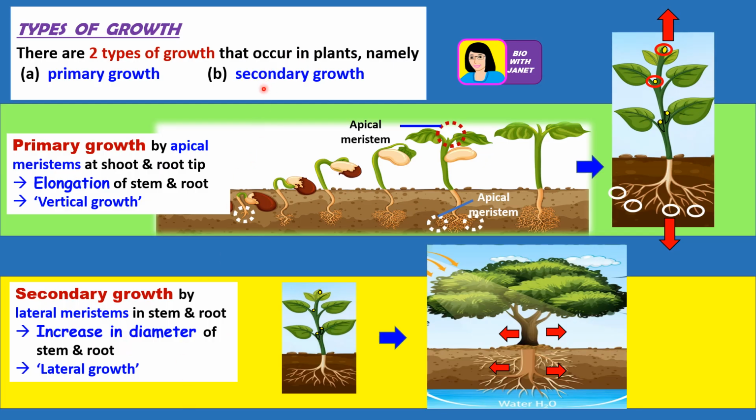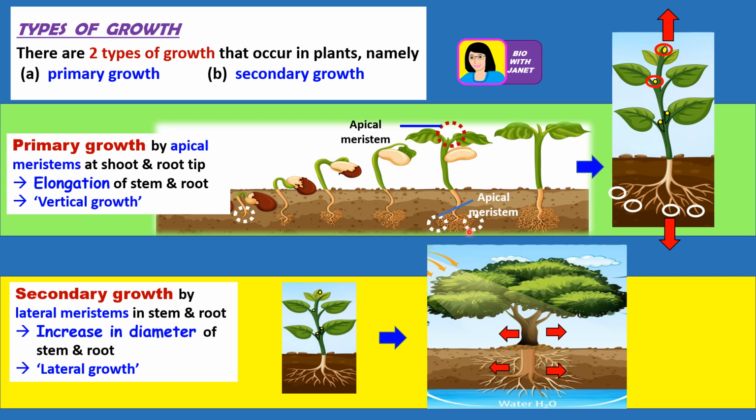There are two types of growth that occur in plants, namely primary growth and secondary growth. Primary growth is carried out by the apical meristems at the shoot tip and the root tip. The shoot tip has the apical meristem called the shoot apical meristem, and at the roots we have the root apical meristem.